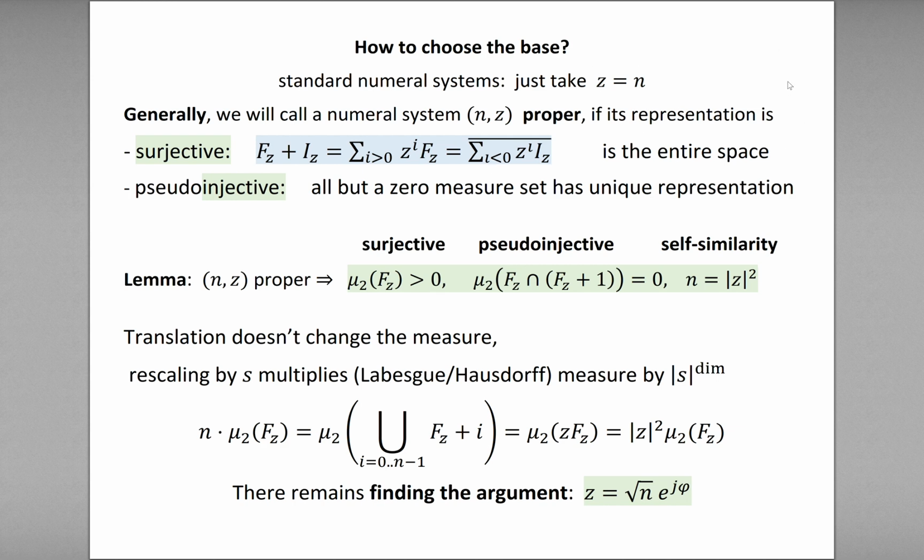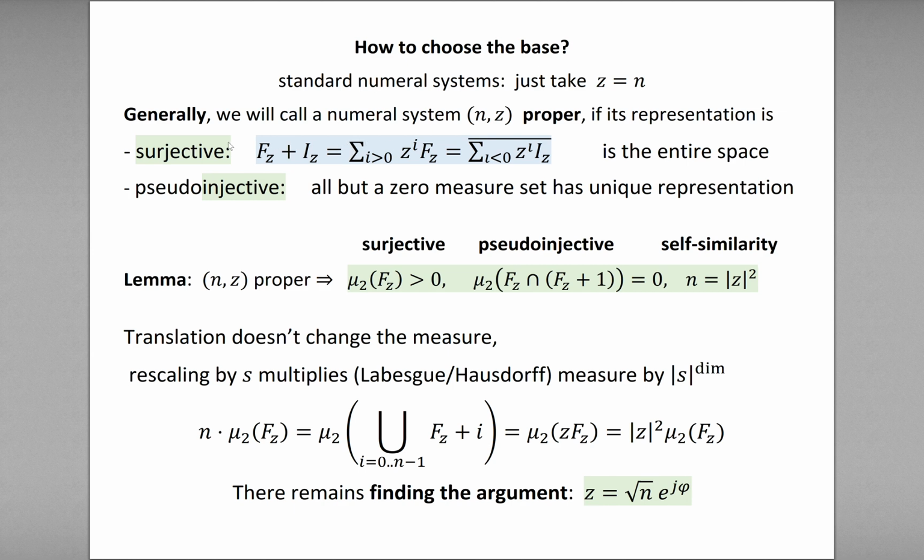So first of all, we would like such a representation to be surjective. With this fractional part plus integer part, it is all the numbers we can represent, and this is a set of pairs of sums. So the question is if we can get the entire complex plane here.